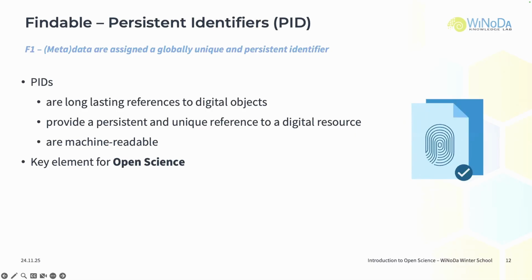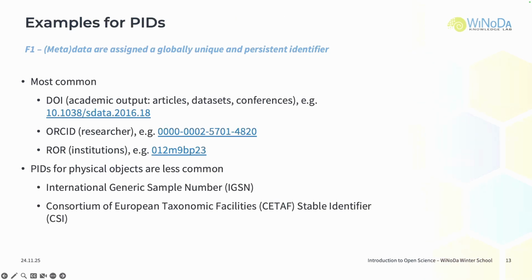They are also a key element for open science, since they ensure findability and therefore also reproducibility and reusability. And moreover, they allow for correct attribution so that the person making an information available, a data set, a paper, gets the credit for it. There are a couple of well-known PIDs, including the DOI, for all types of academic output, and the ORCID, the Open Researcher and Contributor ID, which is used for researchers and which you can register yourself.